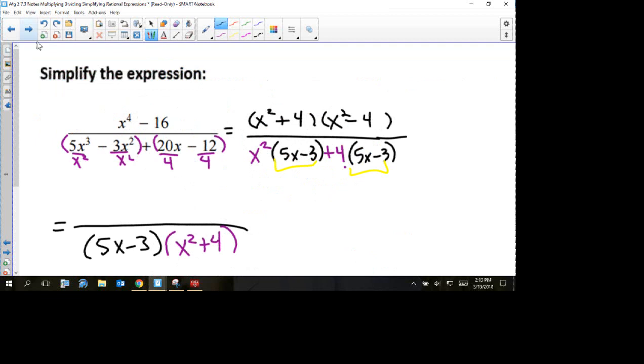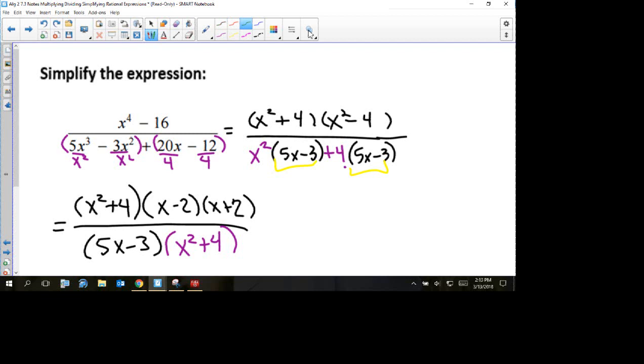Right, x squared minus 4 can become x minus 2 and x plus 2. That is a difference of squares. But x squared plus 4 is not a difference of squares. It does not factor further. These are all things you've learned already. If you need a private lesson, you're going to have to come in, because I will not reteach chapter 3 or 4, or both chapters.